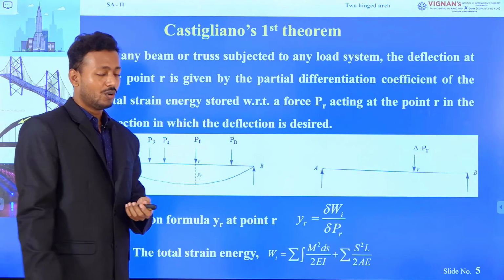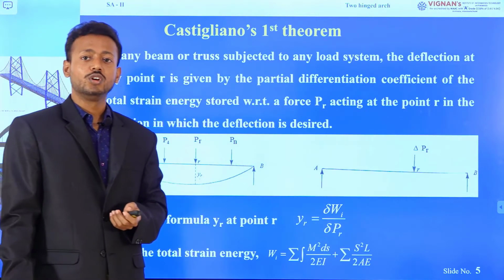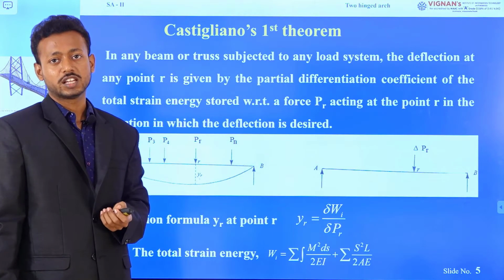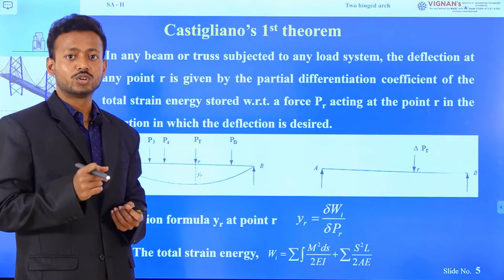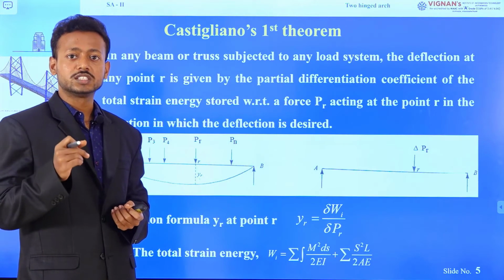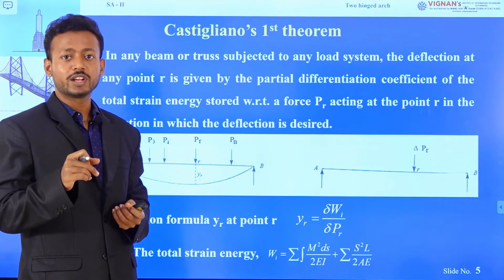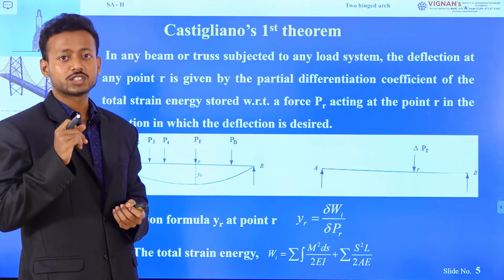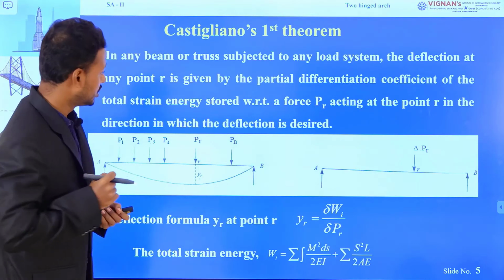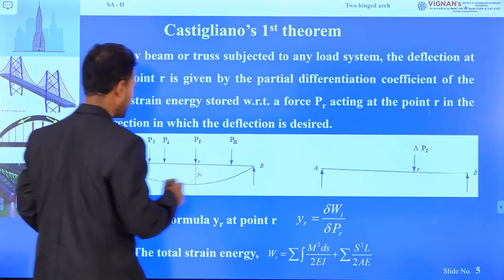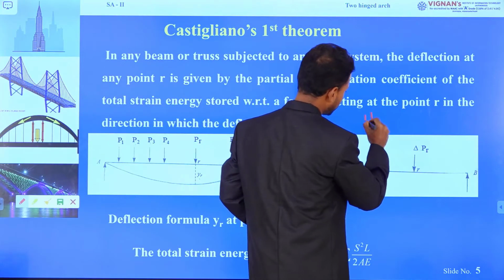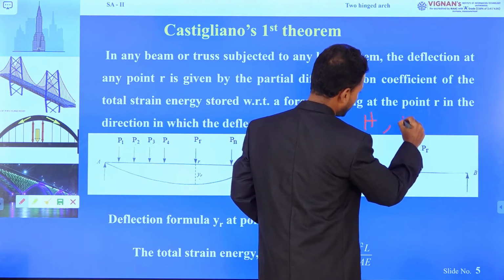Now, we are interested to know what the horizontal thrust is, as the horizontal thrust is the most important in an arch structure. So, we have to determine the horizontal thrust and the bending moment generated in an arch structure at any point. So, we will derive the horizontal thrust and bending moment.